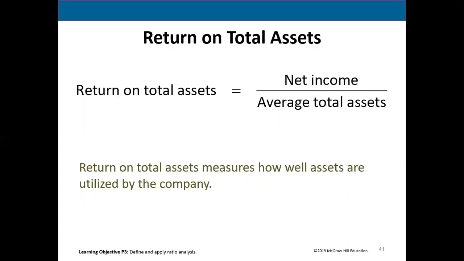So what does this mean? Well, think of it this way. The creditors and the owners gave money to the company, and the company purchased assets. So total assets are really the investment money given to them by creditors and stockholders. The company then used that money to buy assets, and used those assets to make net income.